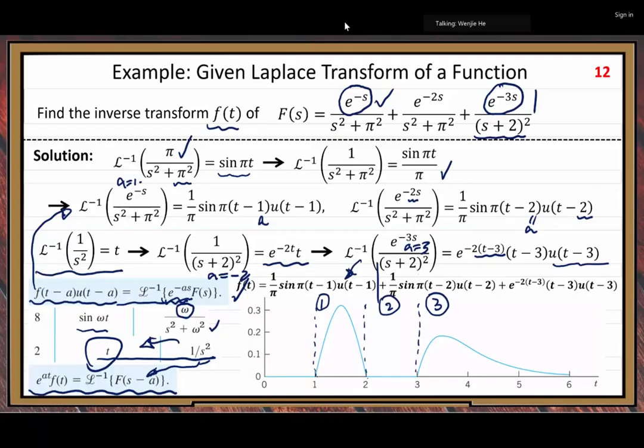The first term starts from number 1 and goes to the right. The second term starts from number 2 and to the right. The third term starts from number 3 to the right. So in this first piece, before the second term gets started, only the first term has the contribution.